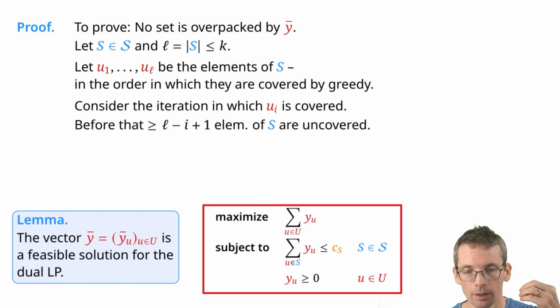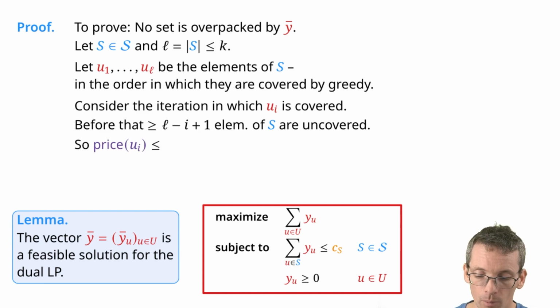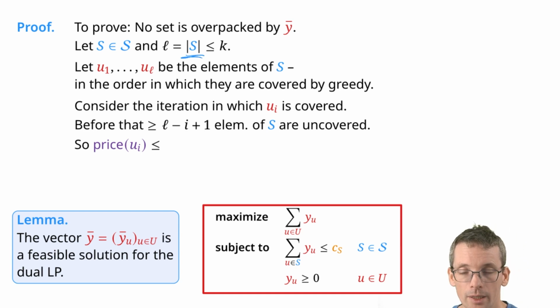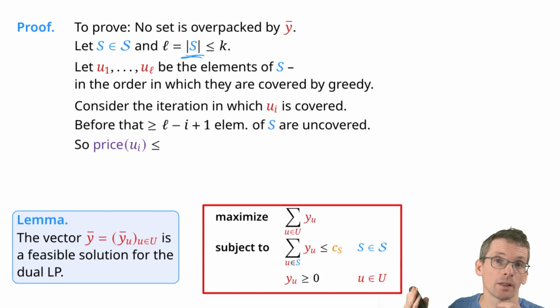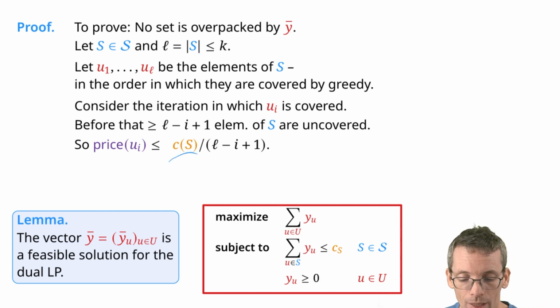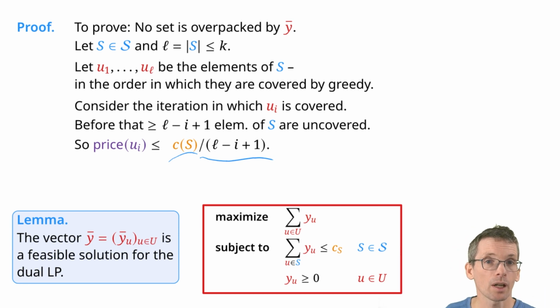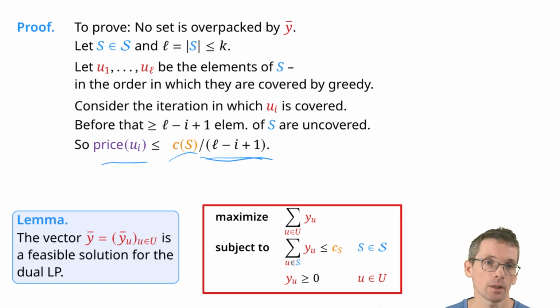We picked the set that contained U_i, so the price should be at most the price that I would have paid if I would have picked S. Maybe I've not picked S, but it should be at most the price that I would have paid if I picked S, because we have a greedy algorithm, and that price would have been the cost of S divided by the number of elements not yet covered, and this is at least l minus i plus 1, so the price is at most this number.